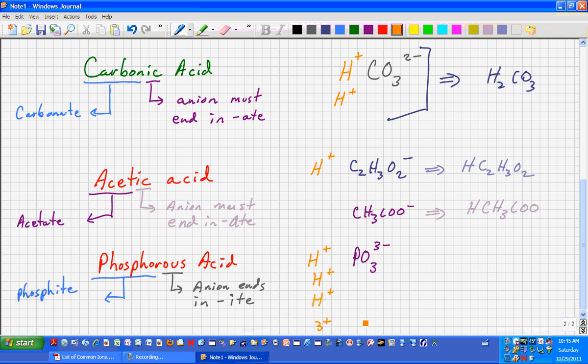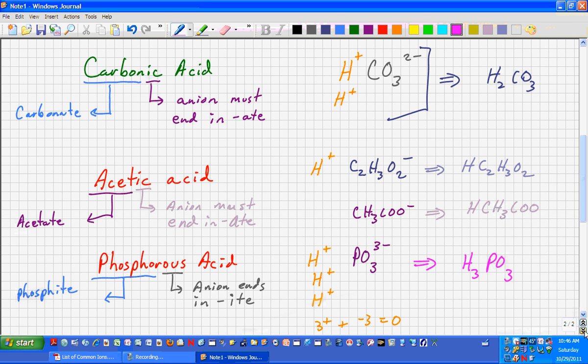I've got a +3 here plus a -3 here equals 0. So we get H3PO3 as the formula for phosphorus acid. It's a little bit of an exception because of the phosphorus-containing acid.